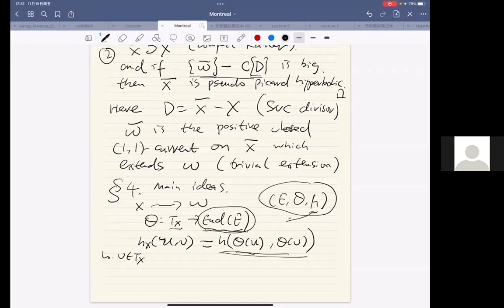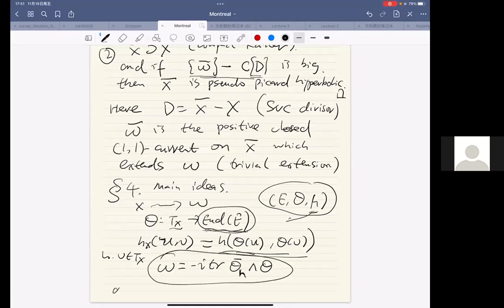One can prove that this is a Hermitian metric, and the associated (1,1)-form omega is minus i trace of theta theta H bar, where theta H bar is the adjoint of theta. One can show that the associated form is in this way.